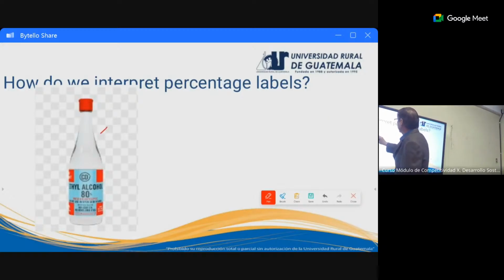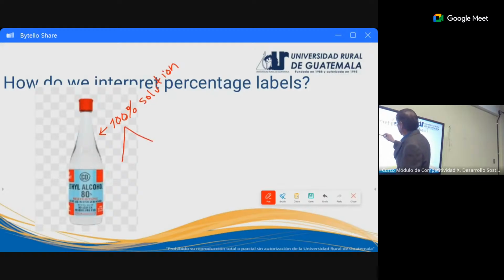If we have this bottle, 100% of this solution, it means that we can divide these components here with 80% alcohol plus 20% water. Okay, 20% water.